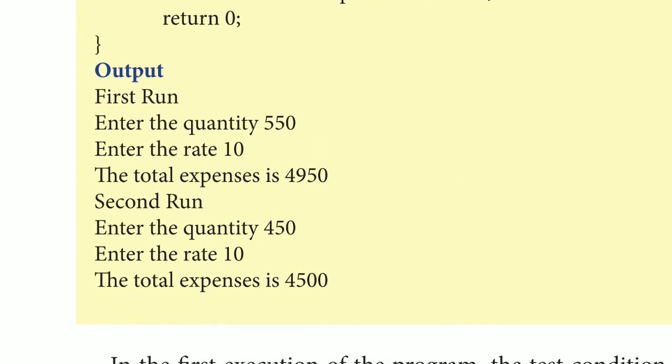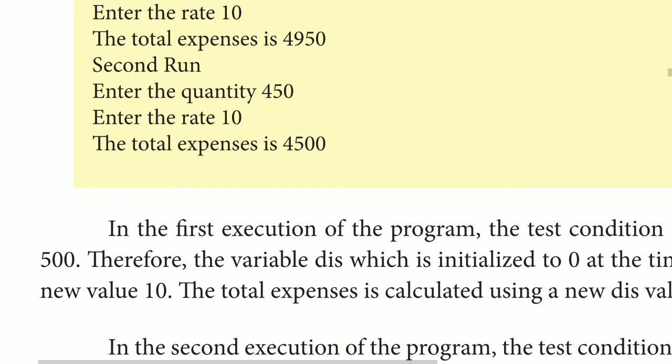In the first run, they enter quantity equal to 550 and the rate is 10, so the total expense is calculated with the 10% discount applied. If the quantity is less than 500, then you can see that it takes the actual value. This is what is explained here.